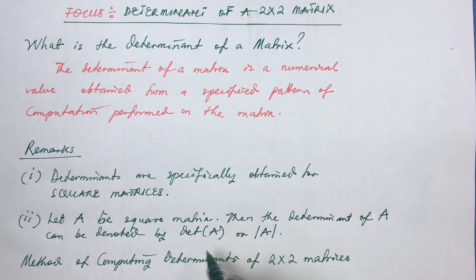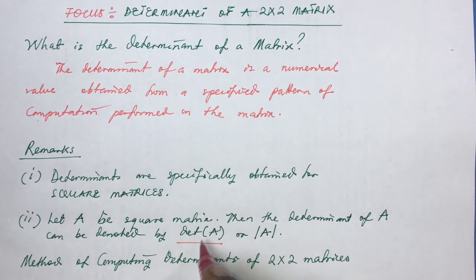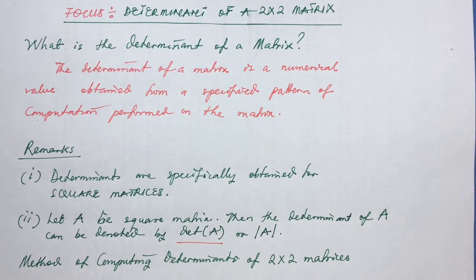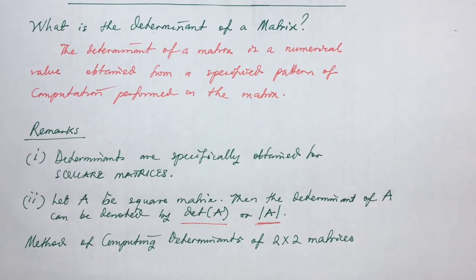So it is either you use this notation, this det with A in bracket, or A in between two straight lines to represent the determinant of a matrix. So wherever you find either of these, it represents the determinant of a matrix if it is found in matrices as a topic or any question on matrices.